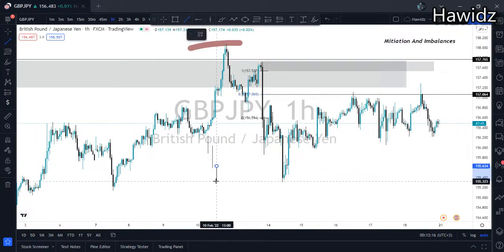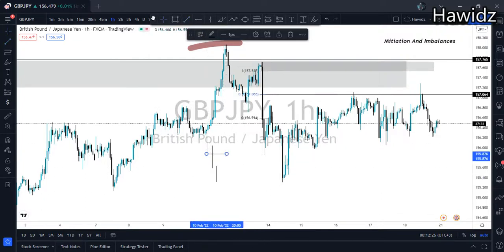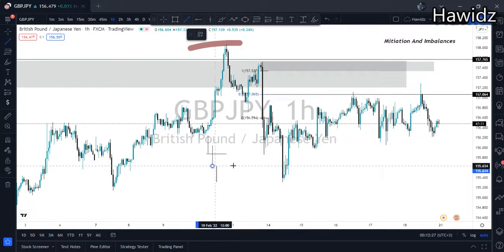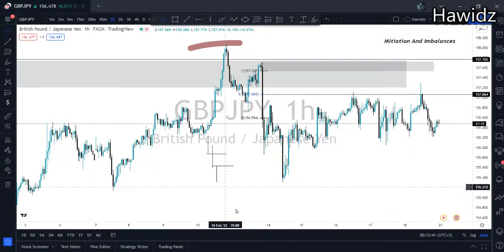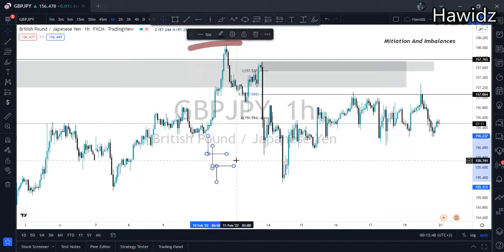What an imbalance means is the gap left between this wick right here and this wick right here. So this gap here is what we call an imbalance. It means that there was not a sufficient amount of orders or volume, so if price leaves, it will then come back to fill this and then proceed with the overall true trend or direction.